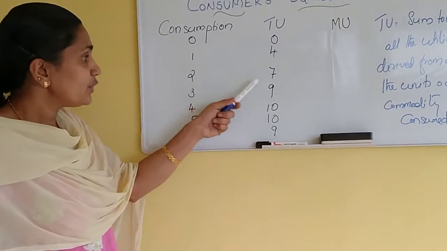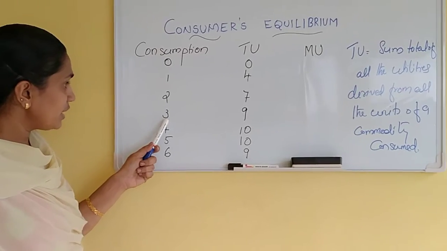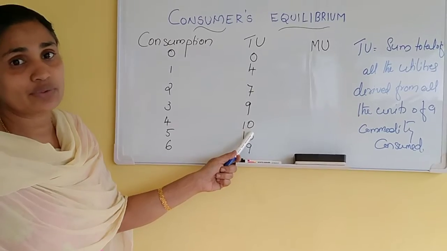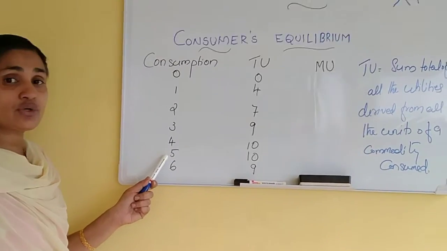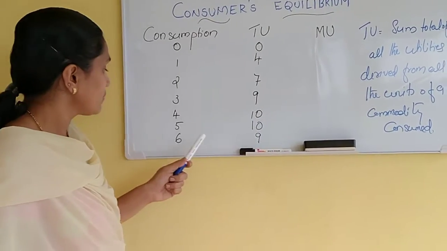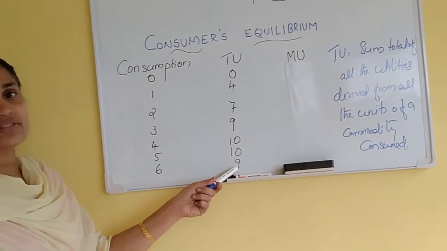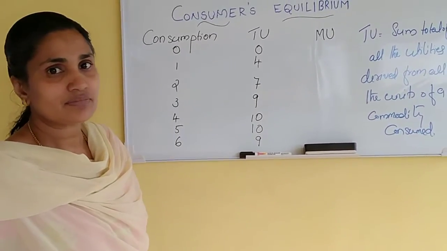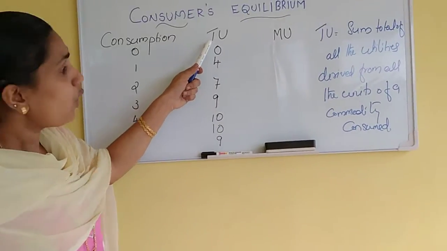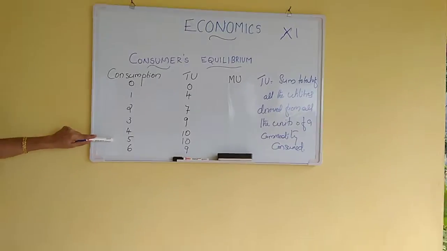Total utility also increased, 4 to 7. 3 units, 9 total utility. 4 units, 10 units of total utility. 5 units, 10 units of total utility. 6th unit of the same commodity, 9 is the total utility. Total utility is the sum total of all the utilities derived from all the units of a commodity consumed.